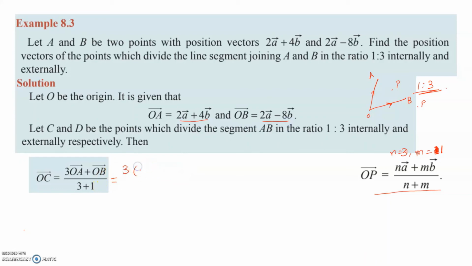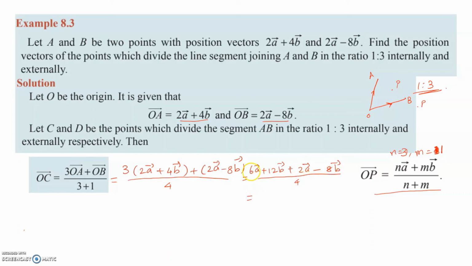So 3 times 2a vector plus 4b vector plus 2a vector minus 8b vector divided by 4, and that would be equal to 6a vector plus 12b vector plus 2a vector minus 8b vector divided by 4.